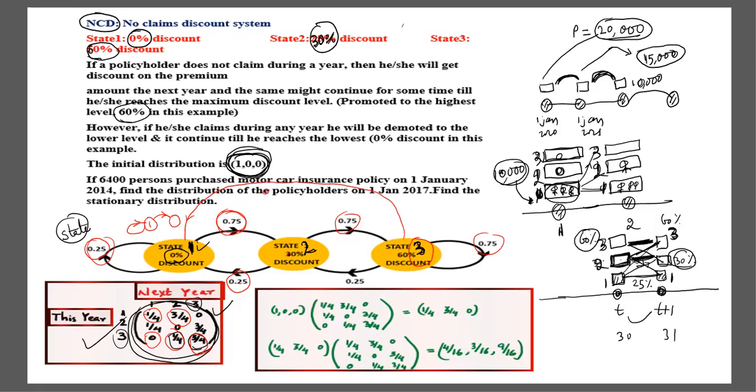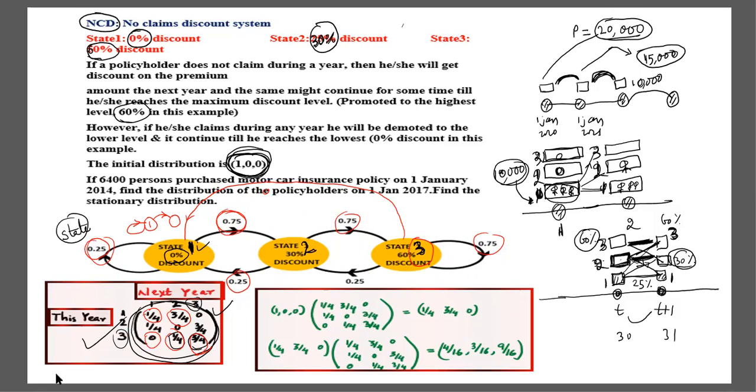You will see state diagrams where a lot of connections will be there, but here it's very simple: only one promotion, one demotion. This is the highest level, you will stay there only, you loop there. And if you are here and you claim all the years, you will stay here only, you will make a loop.